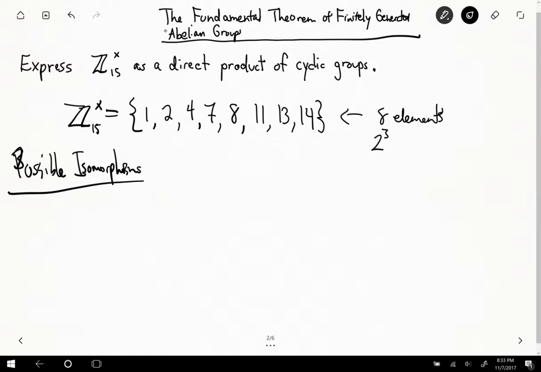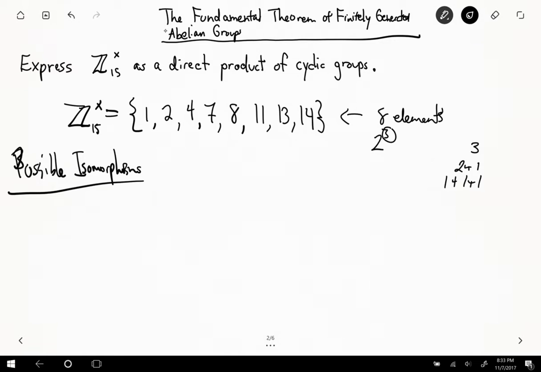And you can look at the partitions of this number 3 up here, and that's going to tell you how this can break apart. The partitions of 3 are 3, 2 and 1, or 1, 1 and 1. And partitions are just how many different ways you can sum up positive integers and get 3, and 2 plus 1 equals 1 plus 2. They're the same partition in this case.